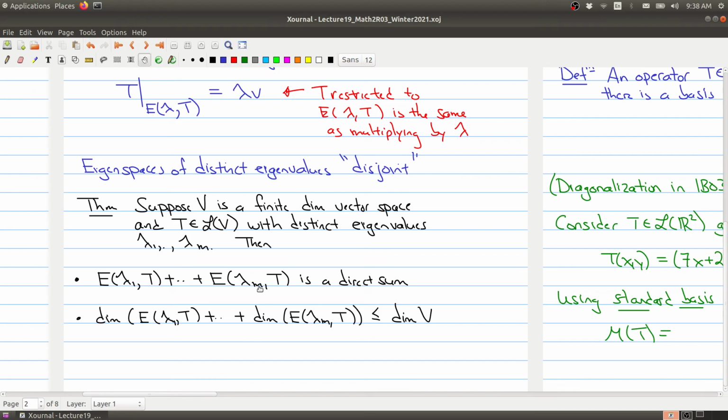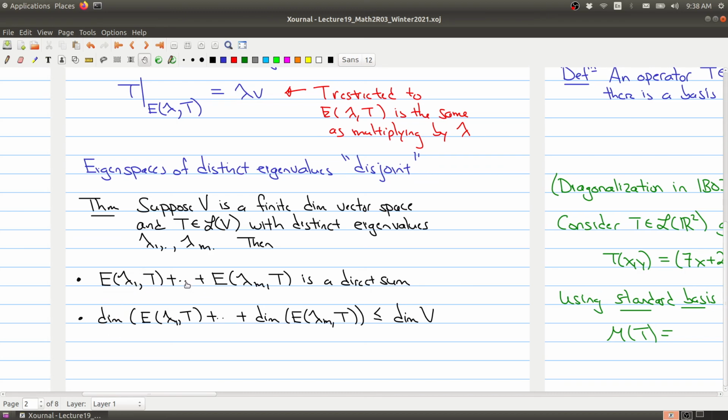Then the sum of these eigenspaces is a direct sum, and the dimension of the first eigenspace plus the dimension of the second, all the way up to the dimension of the last eigenspace, is less than or equal to the dimension of V. When we come back, we're going to prove this, and we'll look at some more examples of eigenspaces and try to tie it back to Math 1B03.